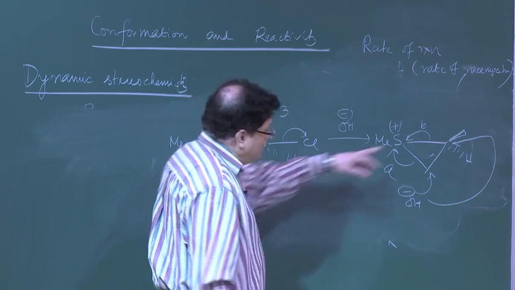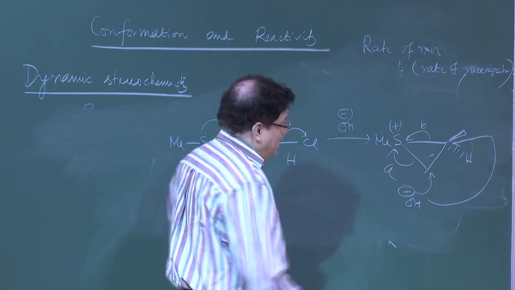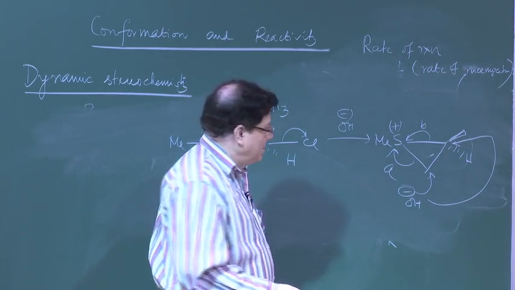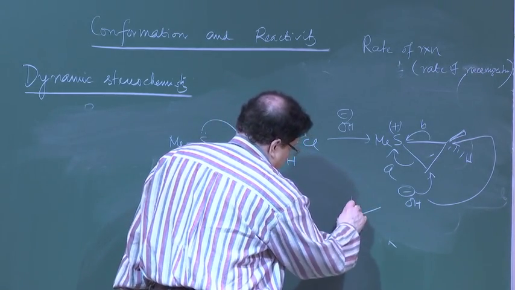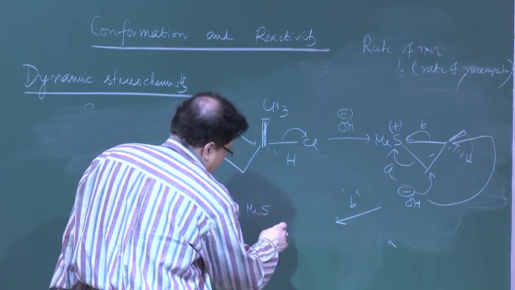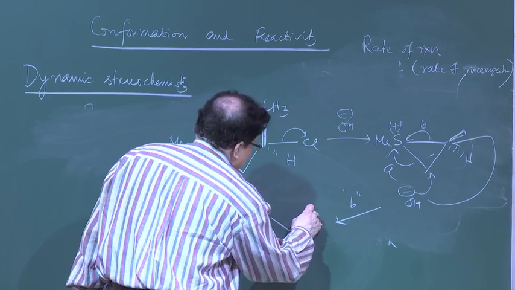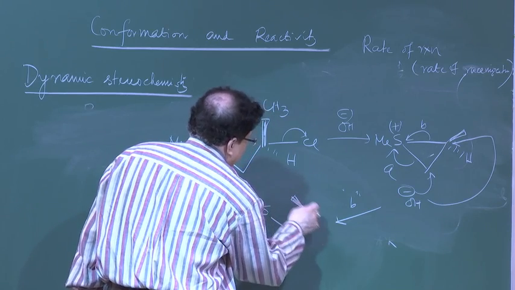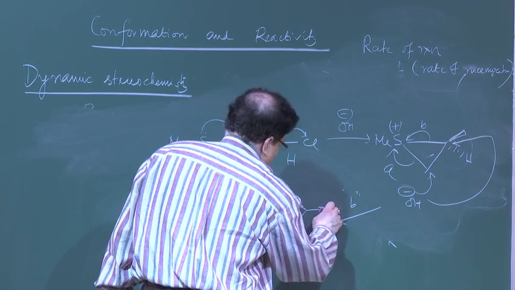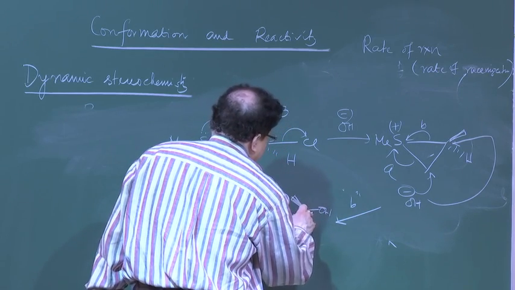So if it is path B, then in the product there is retention of configuration. This is important. So suppose the path B product is what? Me, and then there is a CH2, and then you are again back to this hydrogen and this is the OH and this is the hydrogen.